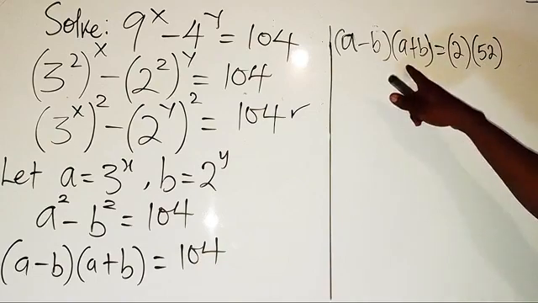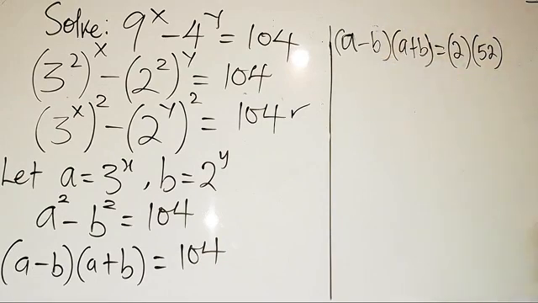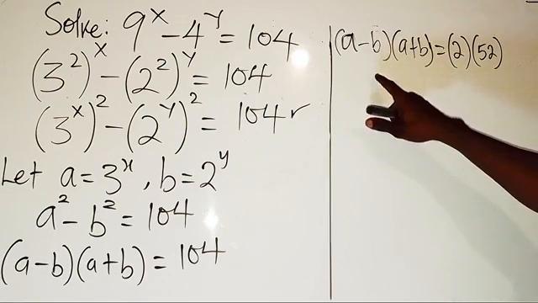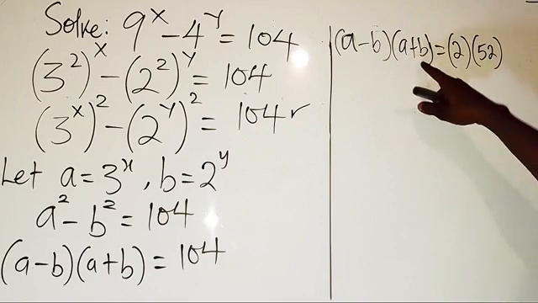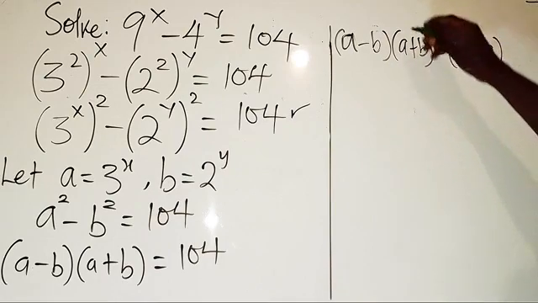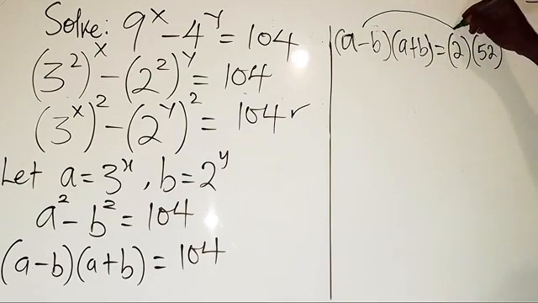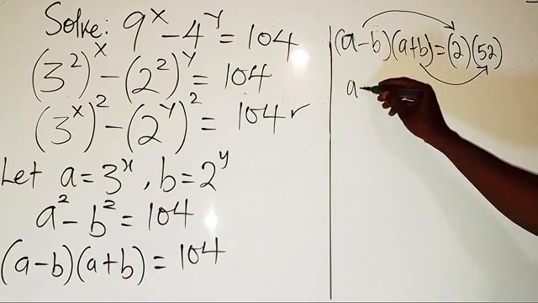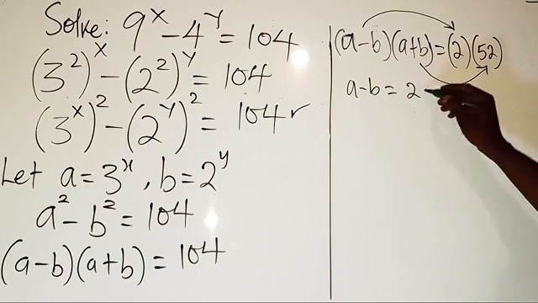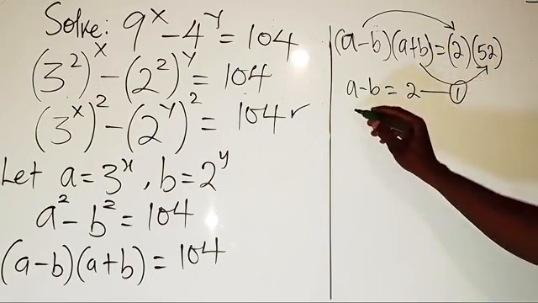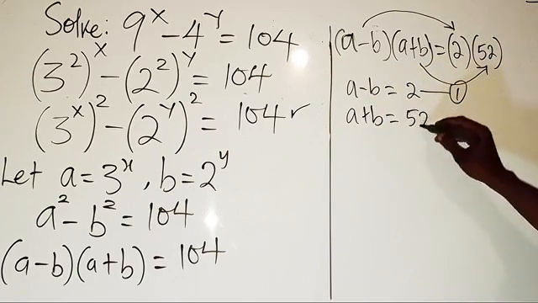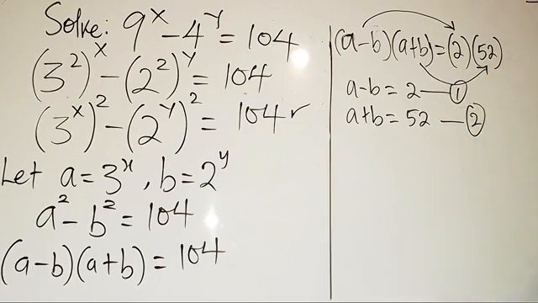So now out of these two factors, we can easily see that a minus b is smaller than a plus b. Definitely this will be compared. We compare this with this and we compare this with this. So what am I saying? We can say a minus b equals 2, this is equation 1, then a plus b equals 52, and this is equation 2.